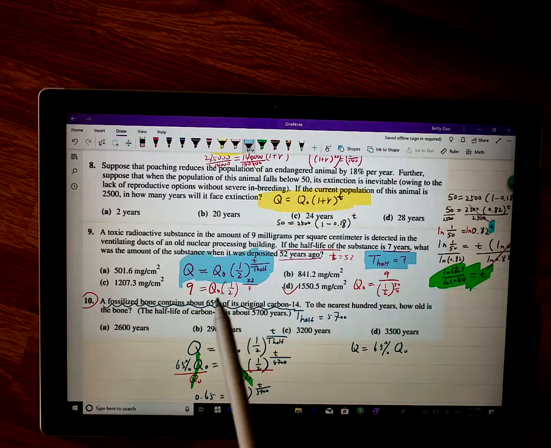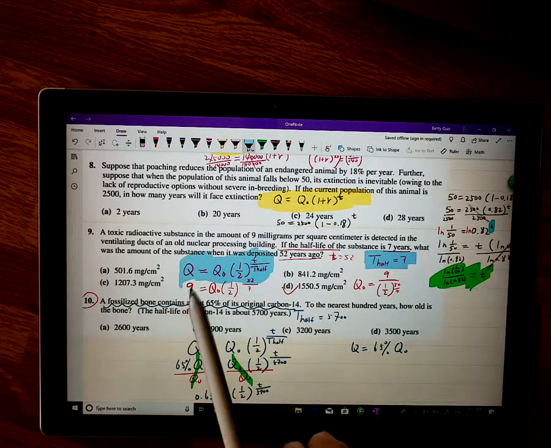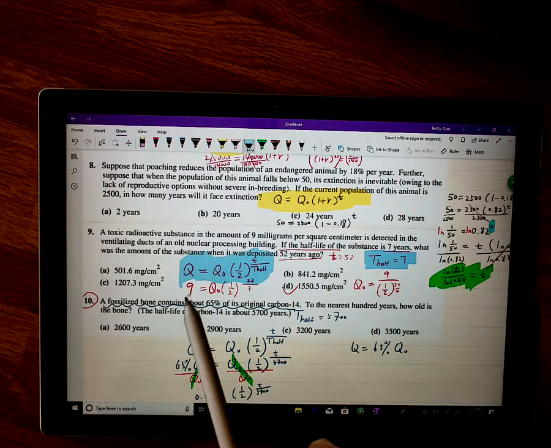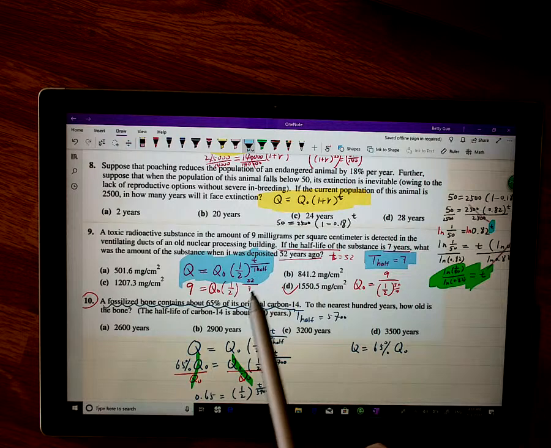Q sub 0 is the amount of the substance 52 years ago. That value is unknown. Now the value of Q is 9. So actually, Q is the new value currently. So Q equals 9. We know T half is 7. What about T?